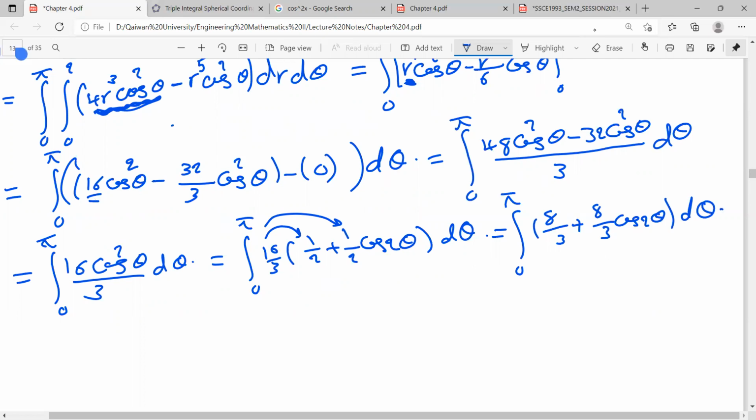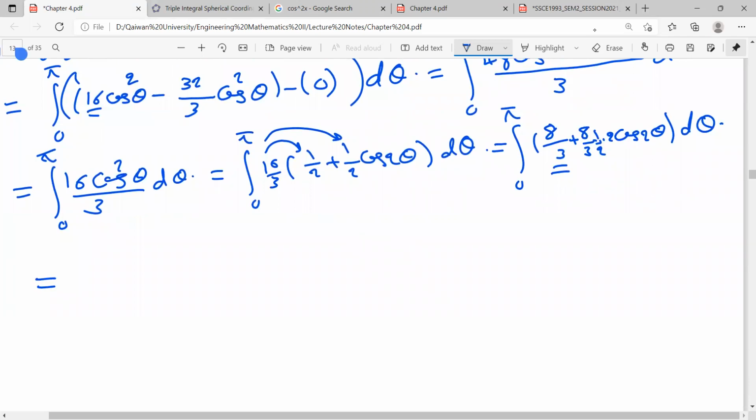We can now find the integration. It's easy to find the integration of cosine 2θ. We must first have the derivative of the angle, which is 2. So we give 2 for this one and divide it by 2. That means it becomes 8 over 3 times 2 times a half. The integration of a constant with respect to θ is the constant times θ.